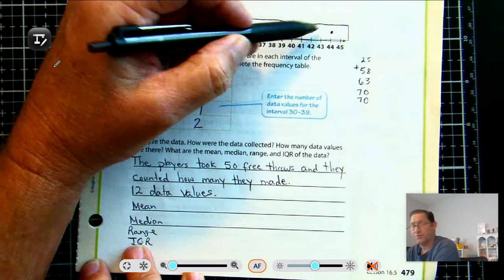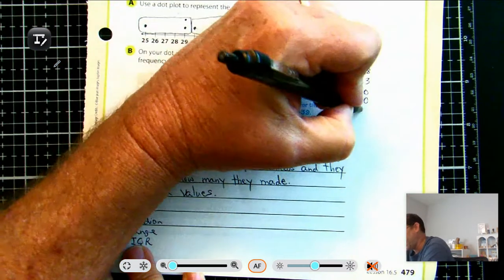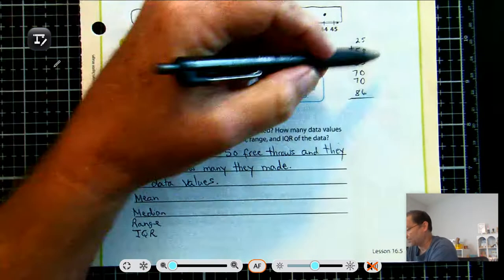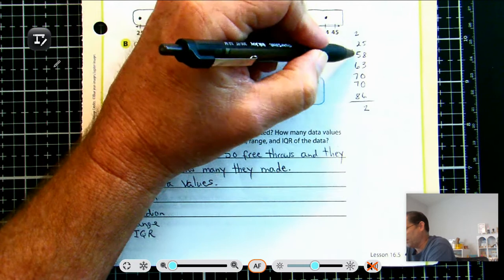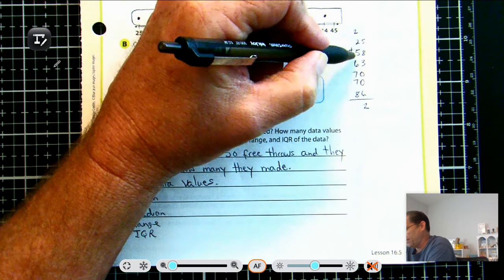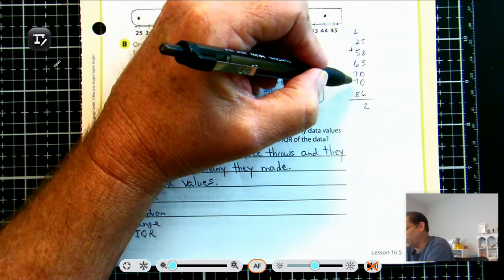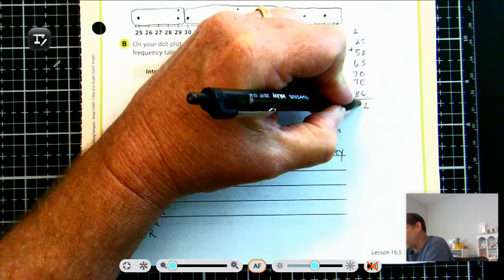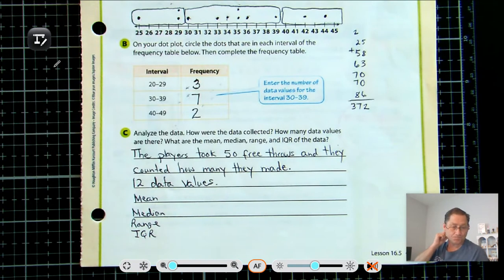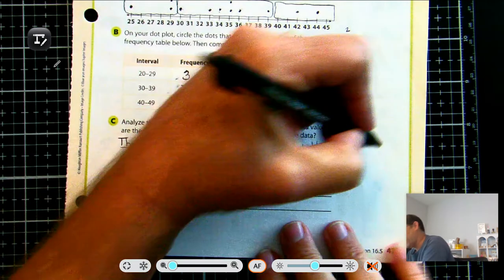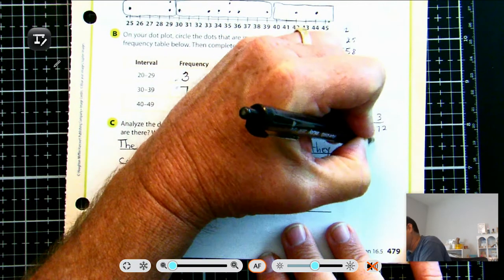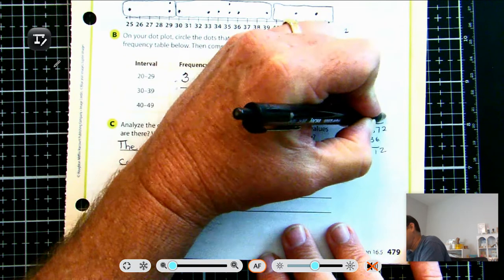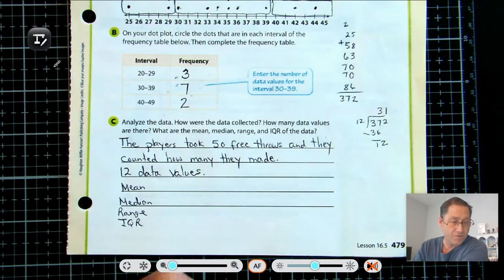And then we have 42 and 44, which is 86. So 13, 16, 22, 372. And we take 372 and divide by 12. We come up with a mean of 31.